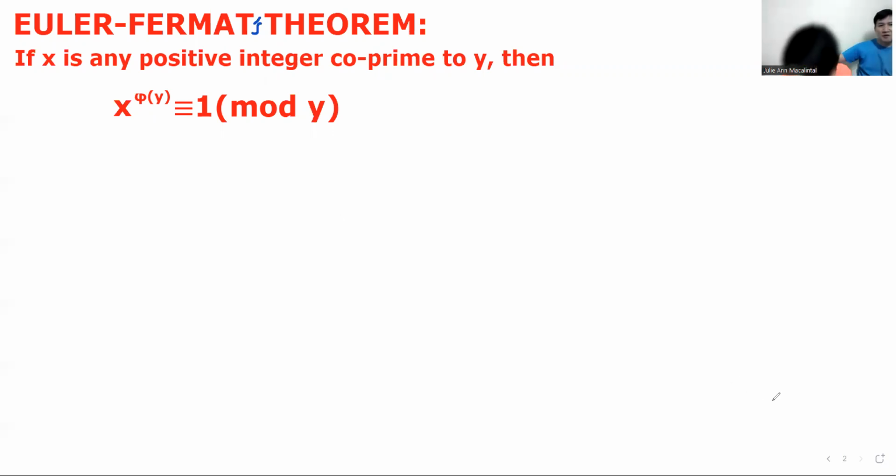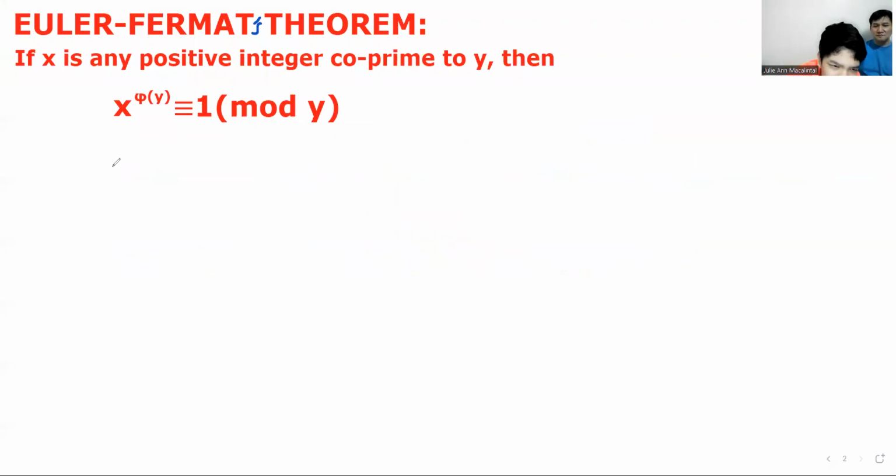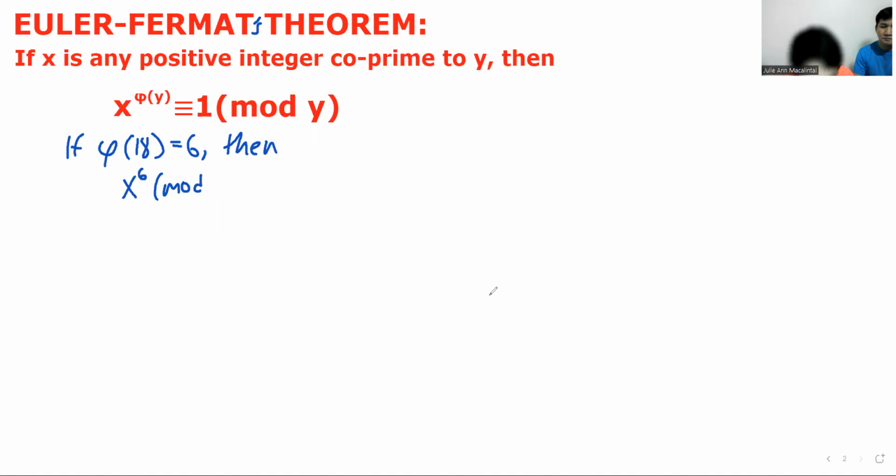So what do you mean by that? If phi of 18 is equal to 6, then we can express x to the 6 using the Euler-Fermat theorem: x to the 6 mod 18 as x to the phi of 18 mod 18.